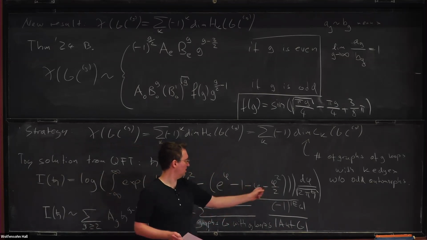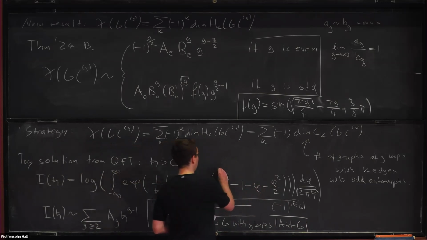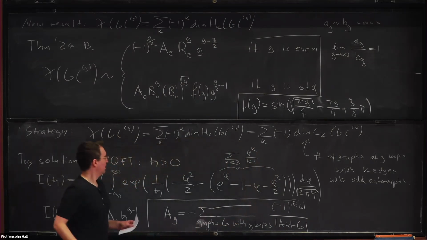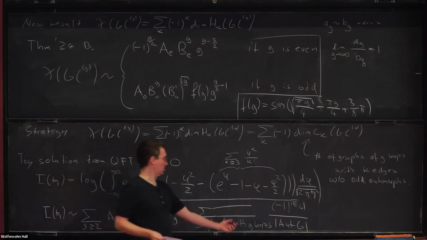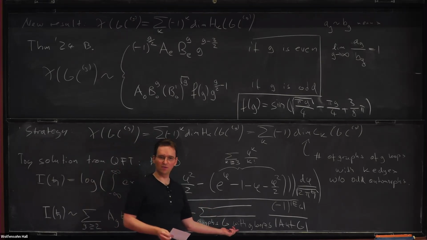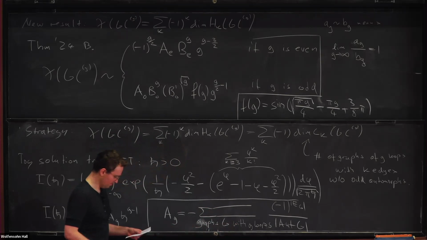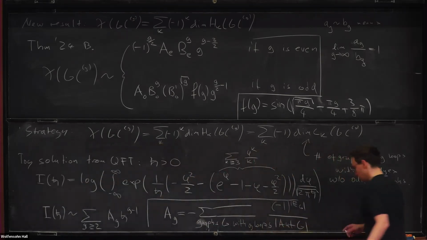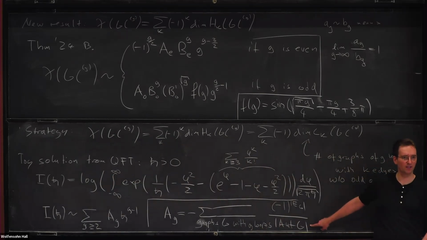And this strange combination of the exponential and the phi's here, there's a different way to write it. We can also write it as a sum from k larger than or equal to 3, phi to the power of k over k factorial. This ensures that the minimal degree of the graphs is 3. The remaining task in the proof, the tough task, is to remove this weighting by these automorphisms.